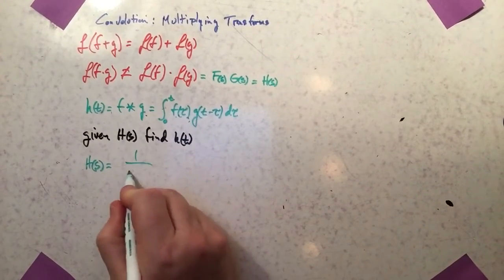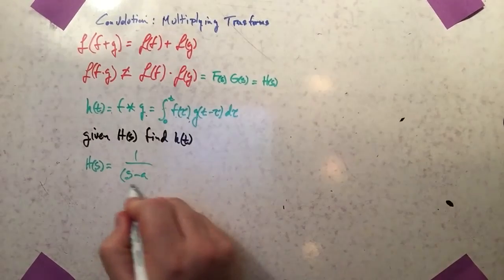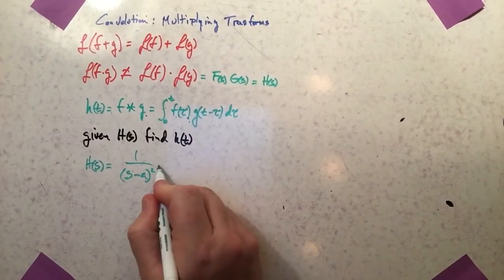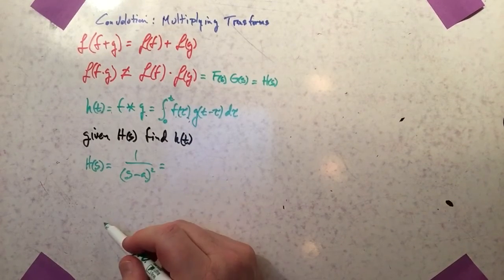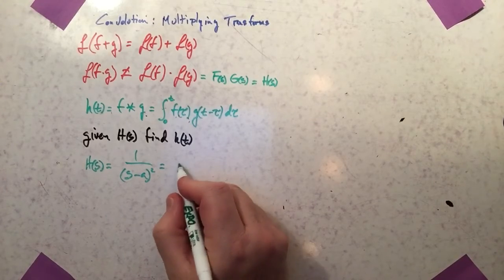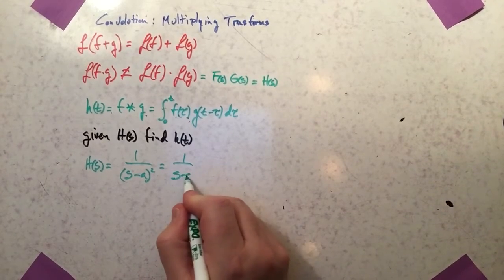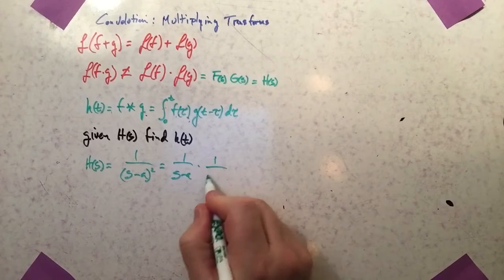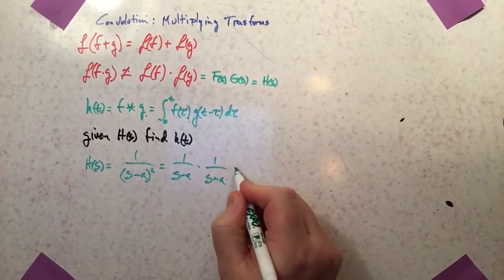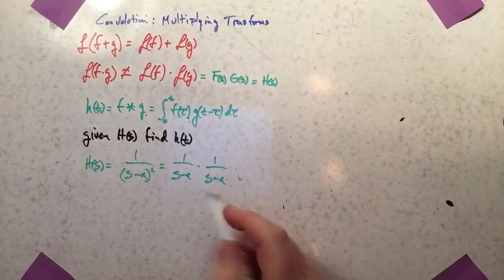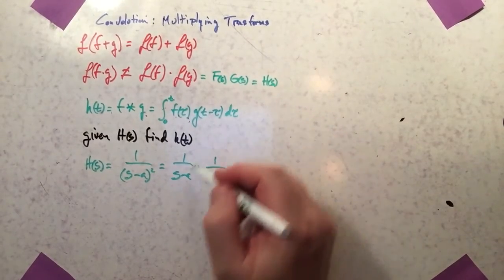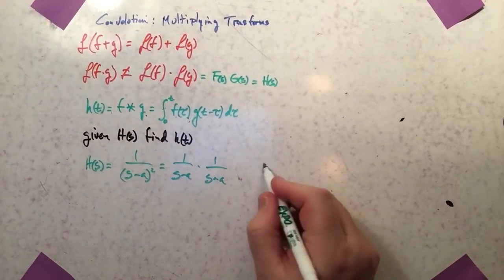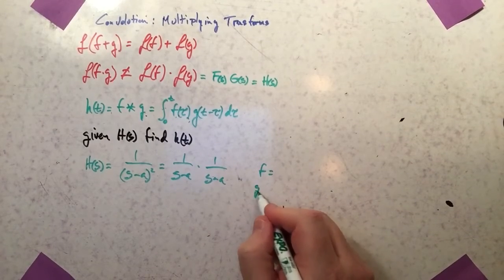So here's a given H of s. It's equal to 1 over s minus a quantity squared. Okay, if we check our table of Laplace transforms, 1 over s minus a is e to the at. So this is 1 over s minus a times 1 over s minus a. That means this is F and this is G. This is big F and this is big G. That tells me what little f and little g are.